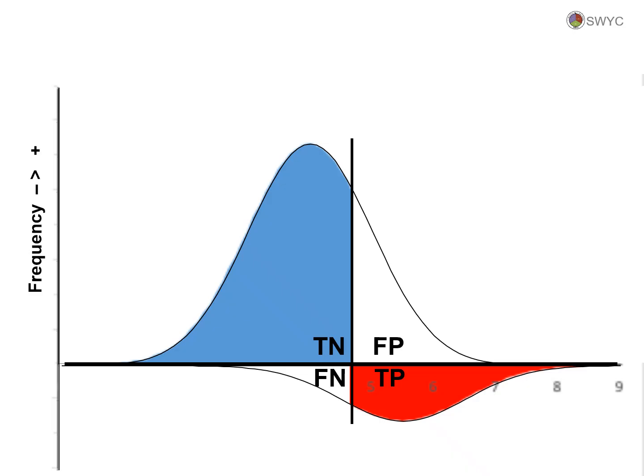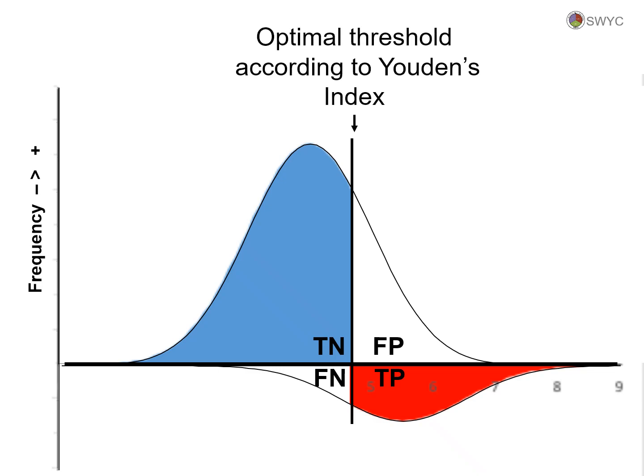A standard approach to setting optimal thresholds relies on something called Youden's index, which basically says that the optimal threshold is the one that maximizes the sum of sensitivity and specificity. In the example we've been discussing, the threshold is in fact optimal according to Youden's index.